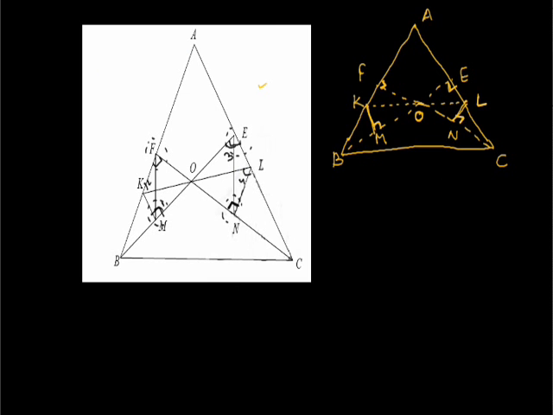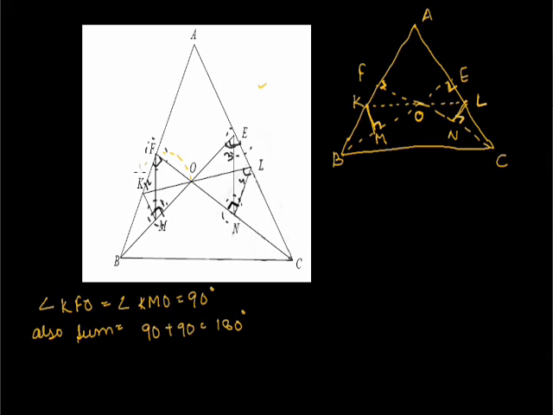So I can say that angle KFO is equal to angle KMO because they are both 90 degrees. Also, the sum of KFO and KMO, 90 plus 90, is 180 degree. So I can say that OFKM is a cyclic quadrilateral. It is a cyclic quadrilateral.